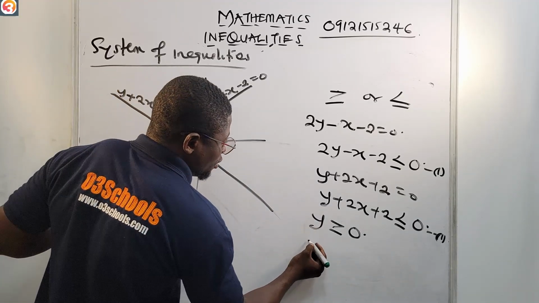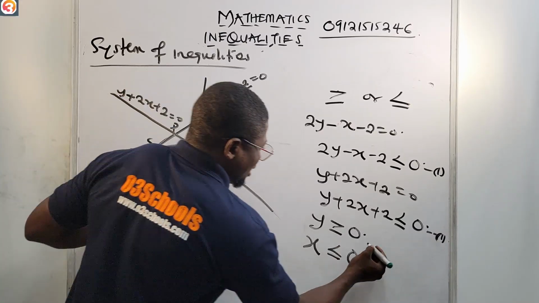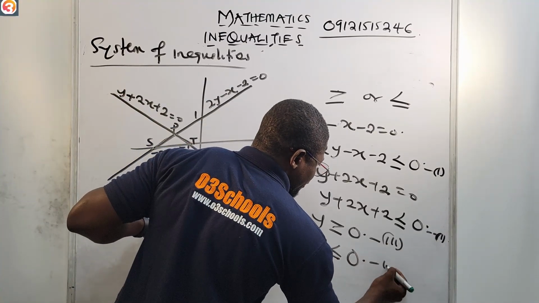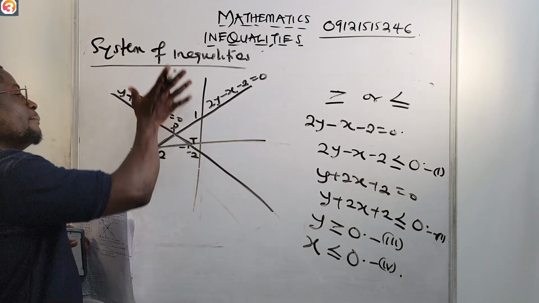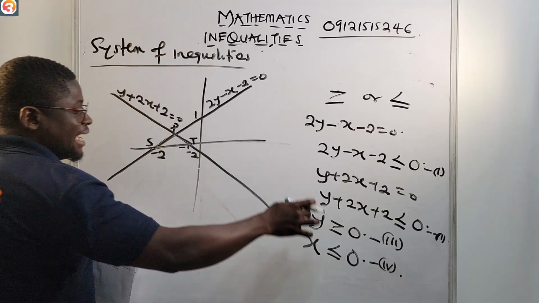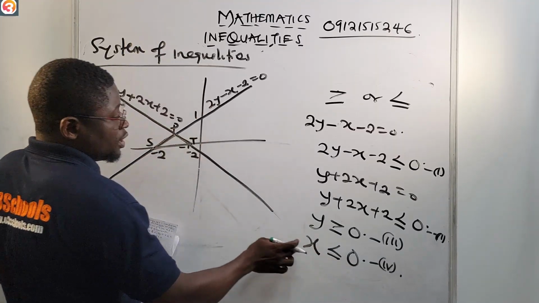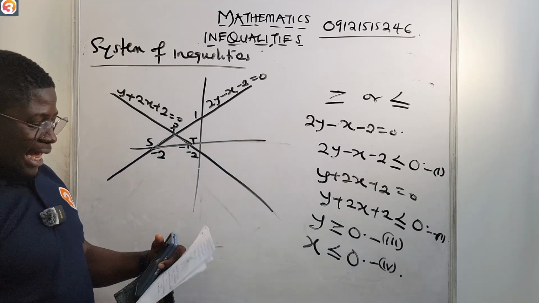So for that reason, we also say that x is less than or equal to 0. So this is our third solution. This is our fourth solution. Y is greater than or equal to 0 because it is on the positive side of the y-axis, and x is less than or equal to 0 because it is on the negative side of the x-axis.